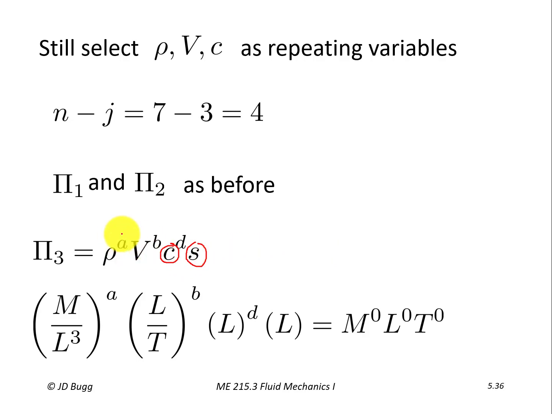Whenever that happens, these other things are going to drop out, and the resulting dimensionless group is just going to be a ratio of these 2 things. So it's just a ratio of 2 length scales in the problem. This happens to be the chord of the airfoil and the span of the wing.